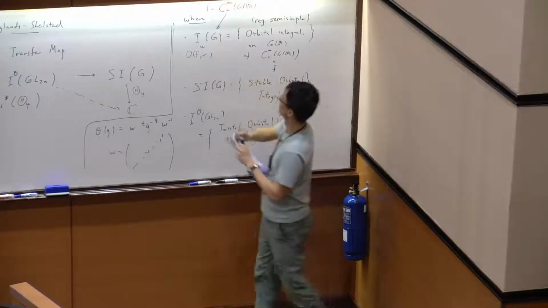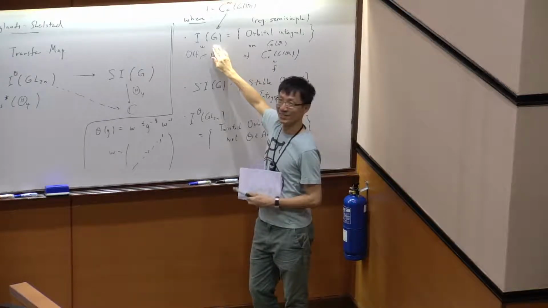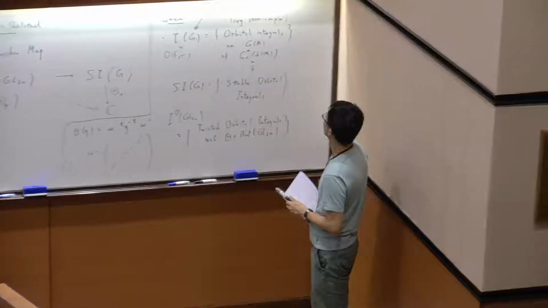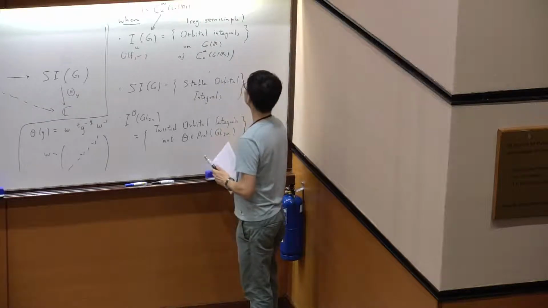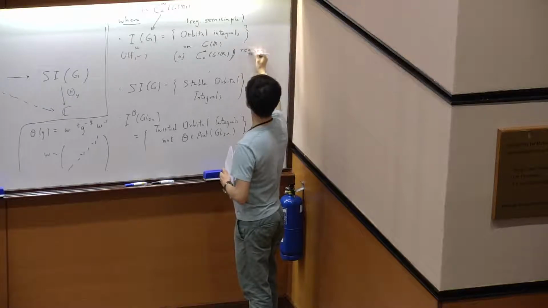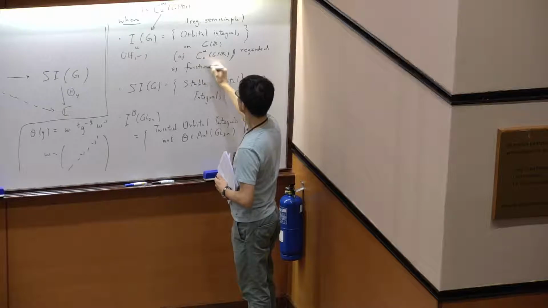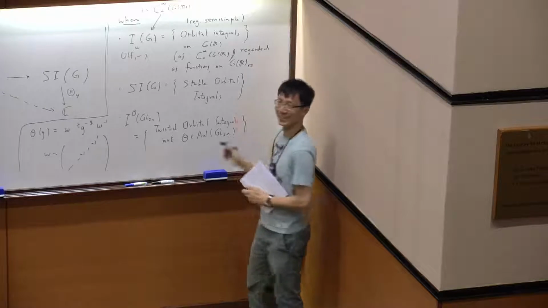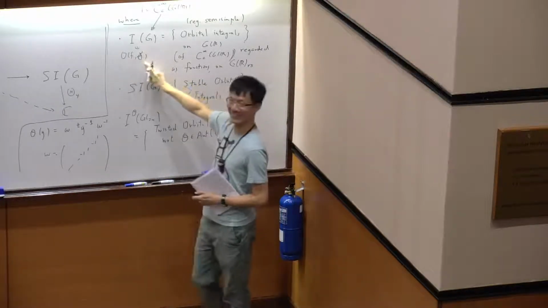So this is some space, or if you wish, some space of functions on the regular semi-simple set. Regarded as functions on the regular semi-simple set, because orbital integrals, as you know, take two ingredients.